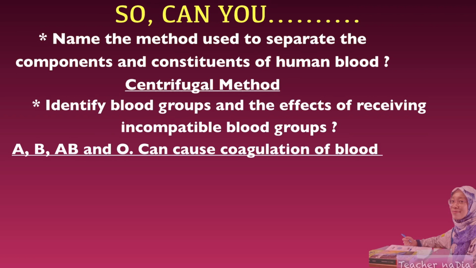The blood groups are A, B, AB, and O. What happens if a person receives incompatible blood groups? It can cause coagulation of blood and also can cause death.